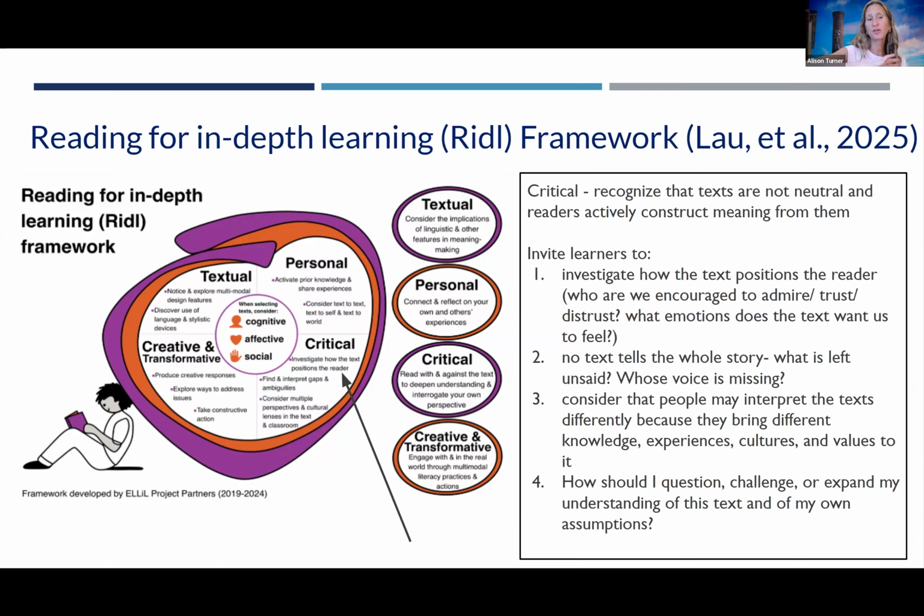And then after you do those first three, usually creative transformative is going to perhaps be at the end. But again, this can kind of cycle back again across all four of these dimensions. So we had textual, kind of looking specifically at the word level, phrase level. Then we had connections to personal, right? Making connections to our own experiences, making connections between texts, and making connections between text and society.